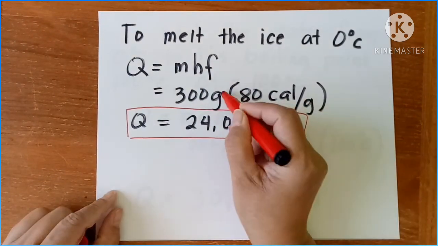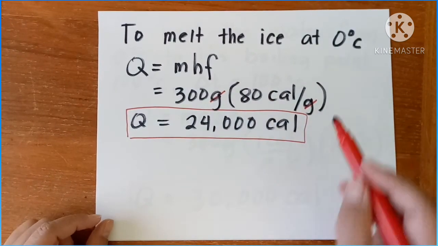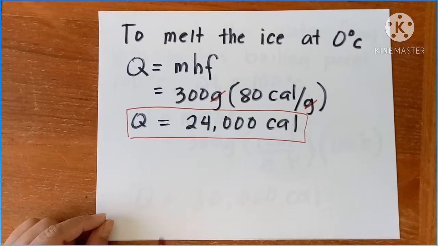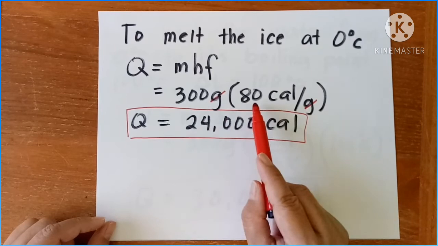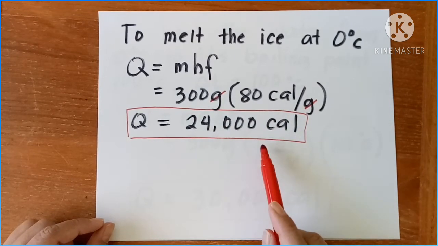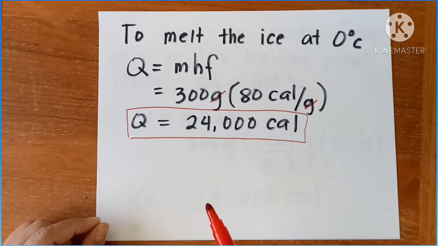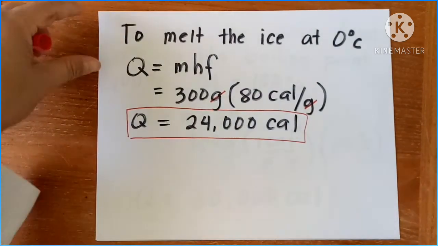So we can cancel out grams and grams, and then the remaining unit is calories, which is a unit of heat. And then we'll proceed with the multiplication. 300 times 80 will give you 24,000 calories of heat. That is the amount of heat needed to melt the ice at 0 degrees Celsius.